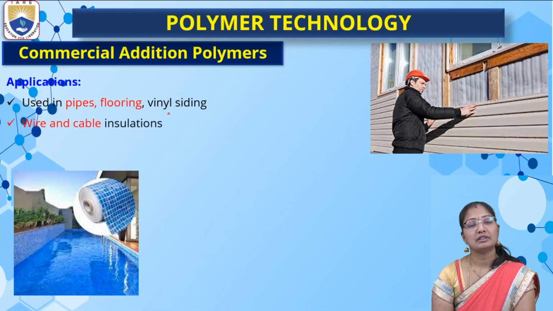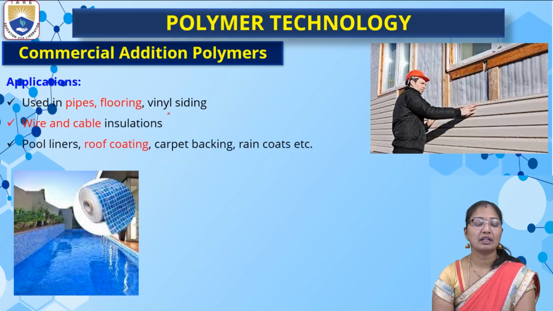Wire and cable insulation is also due to PVC, and it is used in pipelines because it is chemically inert and won't react with the salts present in the water. So that is an added advantage.